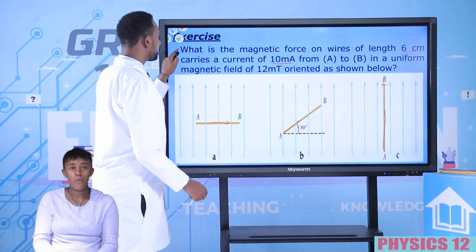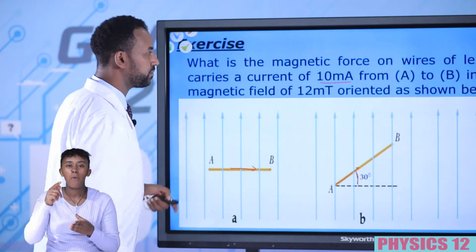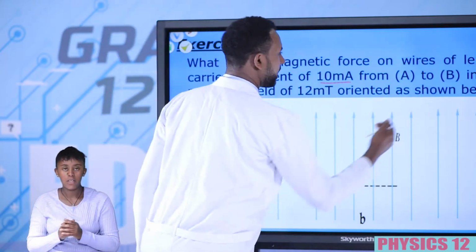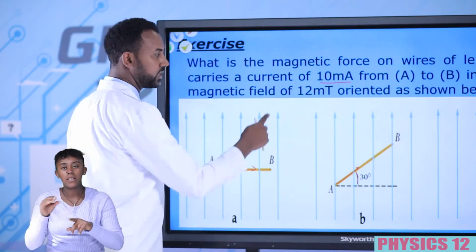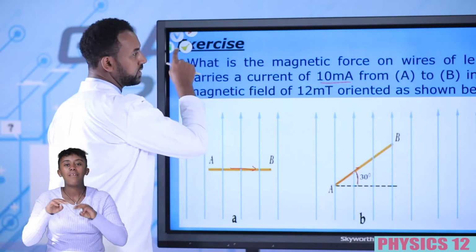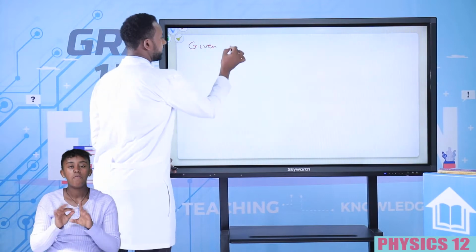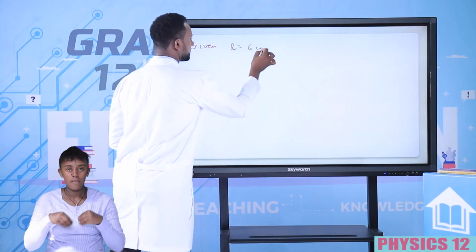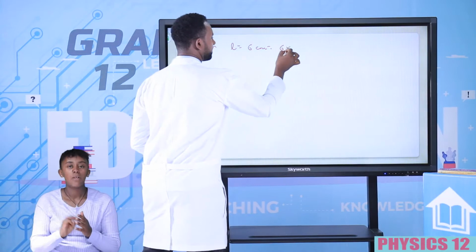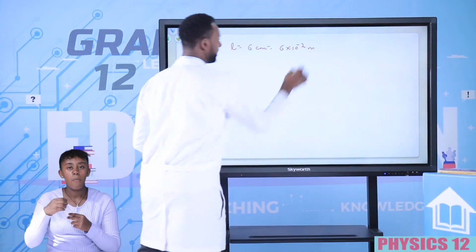So what are the given parameters, the given variables? The given variables are the length, the current, as well as the magnetic field. The length is given to be 6 centimeter, so 6 times 10 to the power of minus 2 meter.